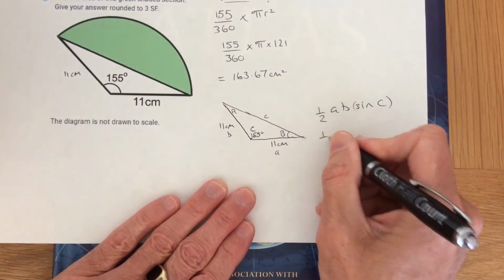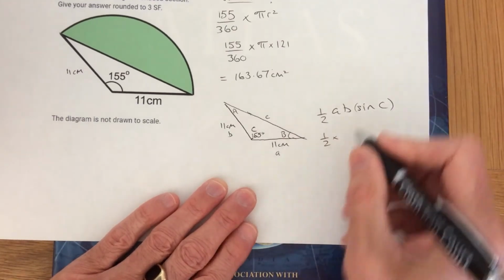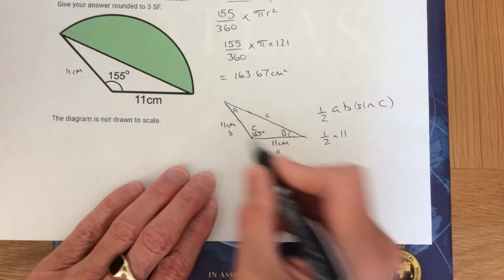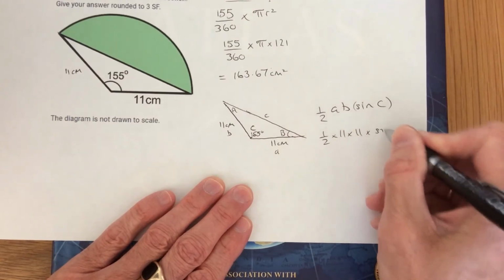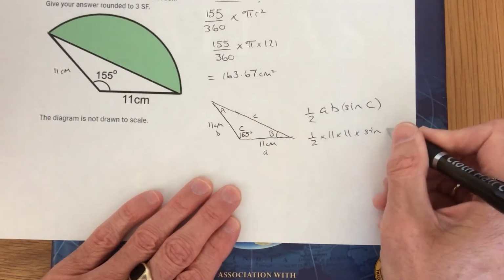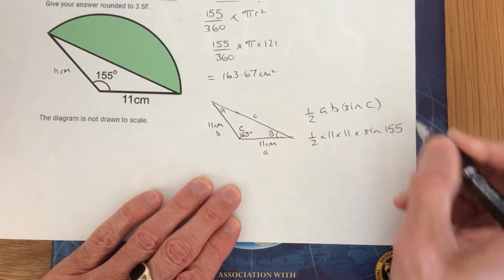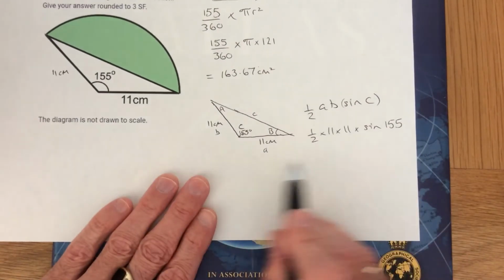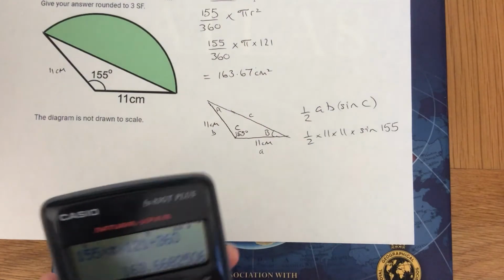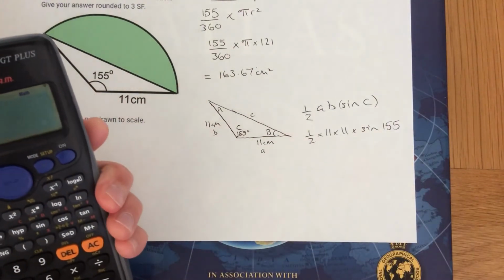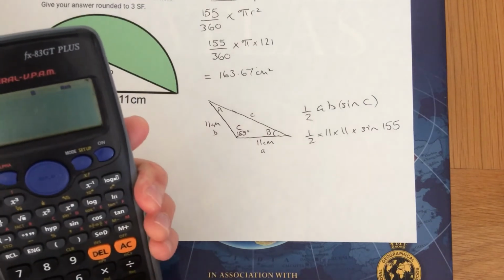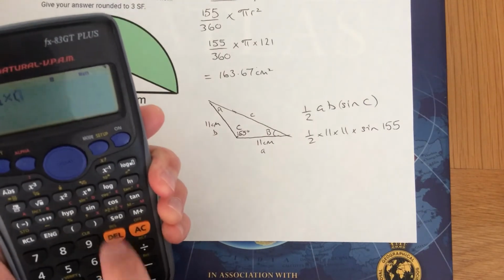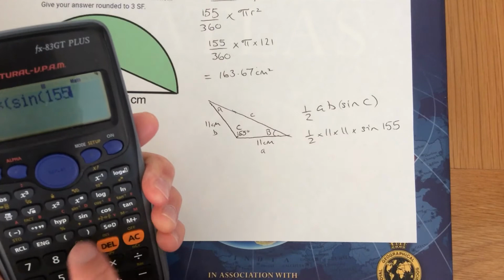I've got half times 11 times 11 times sine 155. So if I put that in my calculator, I've got 121 times sine 155.